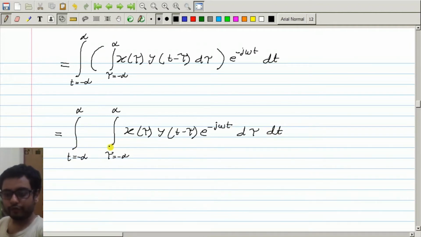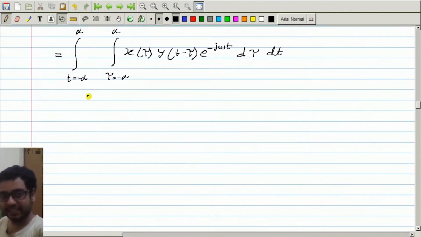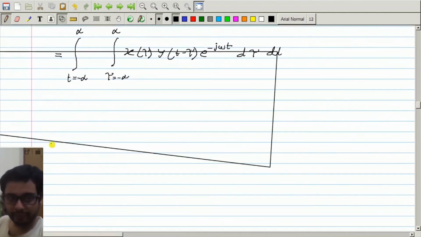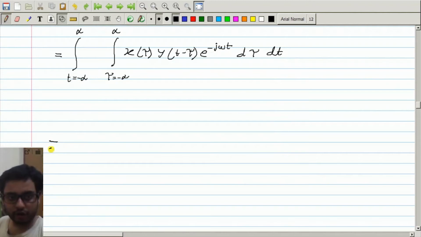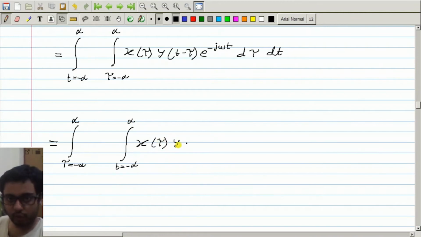Now we have a double integration, so we will swap the order of integration this way. First tau from minus infinity to plus infinity, then t from minus infinity to plus infinity. Here we have x tau y t minus tau e to the power minus j omega t.